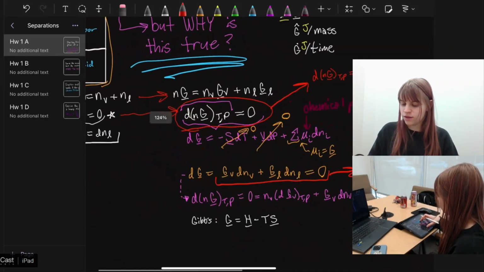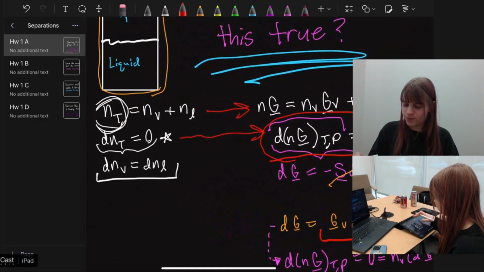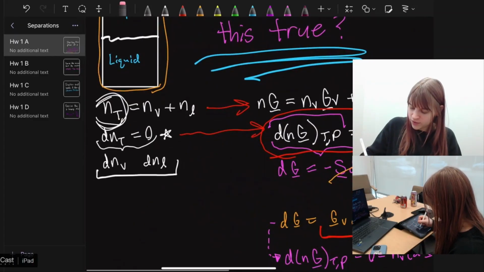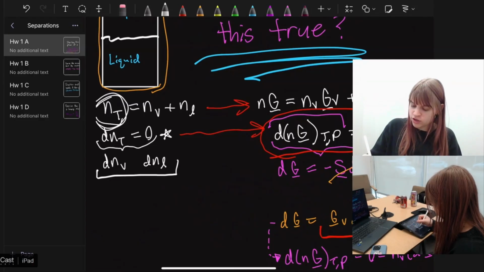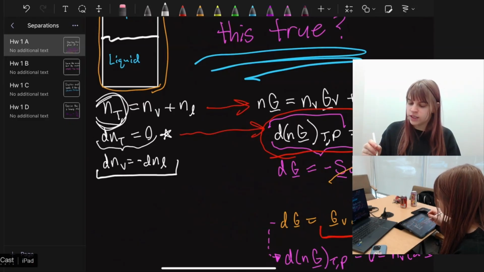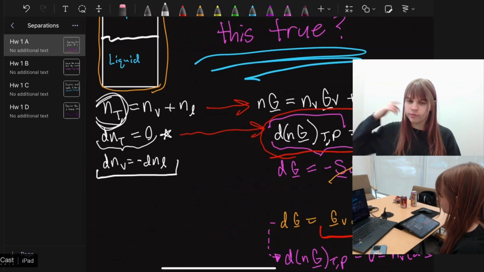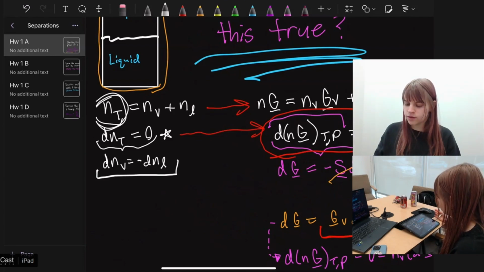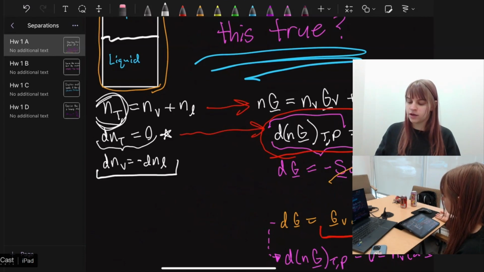And one more thing that I noticed I mistakenly did is that the change in moles of the vapor phase is equal to the negative change in moles of the liquid phase. So if the liquid phase were to lose 5 moles of this pure component, then the vapor phase would have to gain all 5 of those moles.